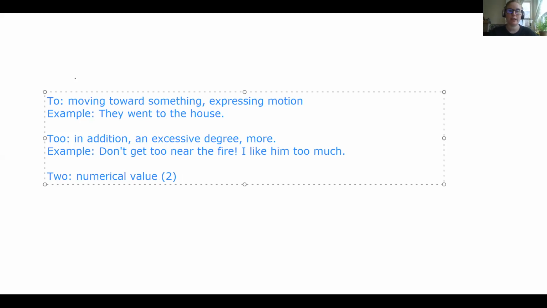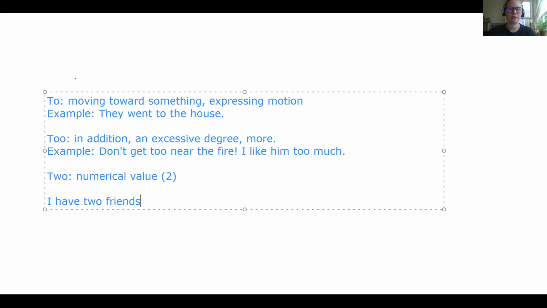I have two friends. So we could even write a sentence that has all three of these in there. I have two friends who live too far away for me to visit them. All right, so I have two friends.